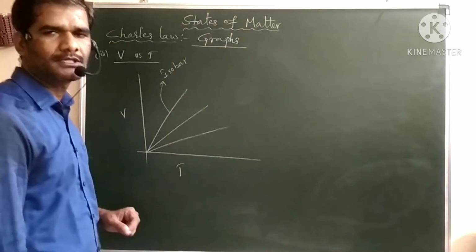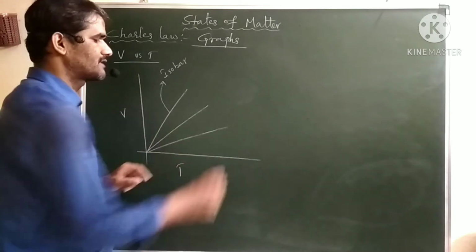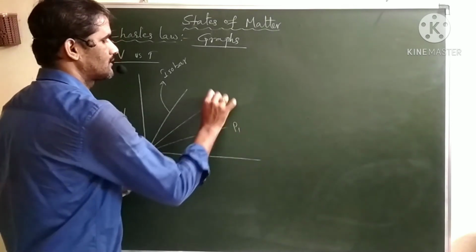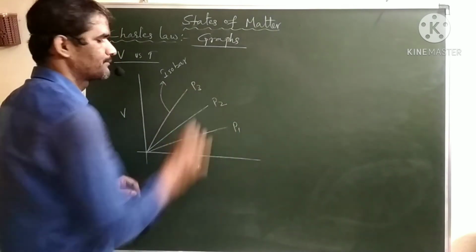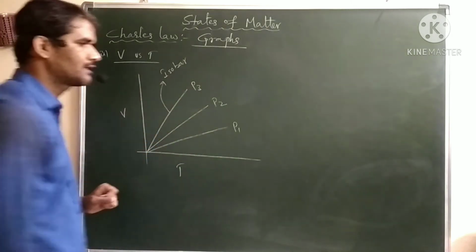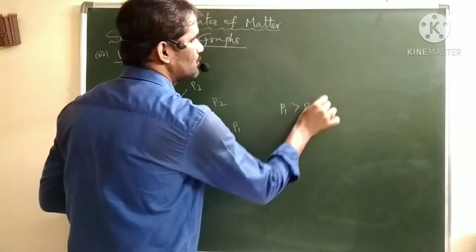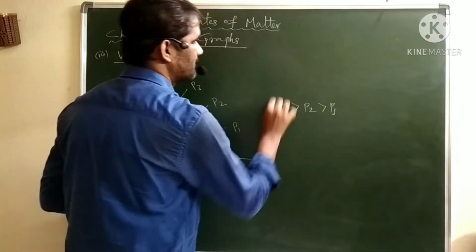Graphs drawn at constant pressures are called isobars. Let us assume we draw the graphs at various pressures P1, P2, P3. Now what is the relation between P1, P2 and P3? Here you will get the relation P1 is greater than P2 is greater than P3.